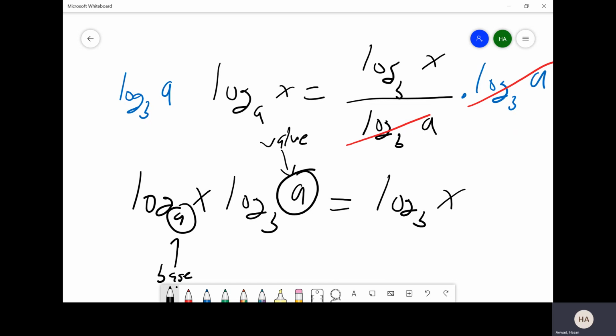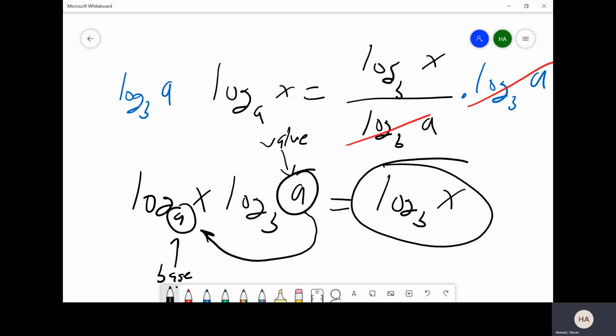This says that if we have the logarithm to some base, it doesn't matter what it is, and it has some value, if we multiply by a logarithm of a different base, as long as this value matches the base of the first logarithm, you can condense it into one log where the other pieces of information just fall out. Notice that your base b, the base that doesn't match a value, just directly corresponds to the base of your new log, and the value that doesn't correspond to a base is still the value of your new log, okay?